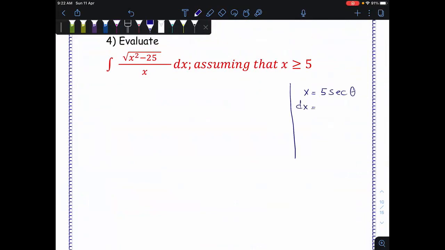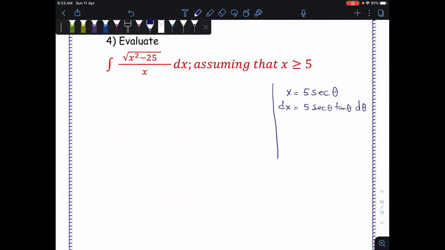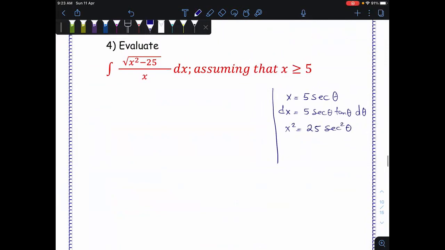dx equals 5 sec theta tan theta d theta. The derivative of sec is sec tan. x squared equals 25 sec squared theta, and we will integrate by substitution using trigonometric identities.